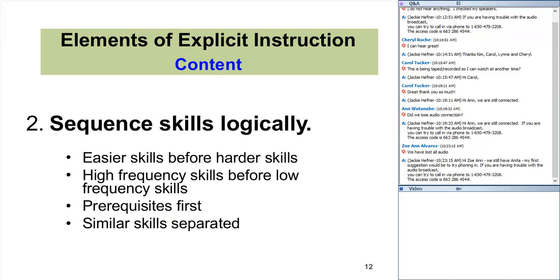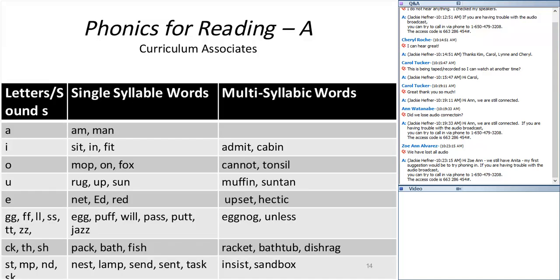Not only do we want to go from easier to more difficult, for example, two-letter words to three to more, and high-frequency sounds before low-frequency sounds, but we want things that are too similar separated. And this makes a difference with students that have struggled because they're less likely to make errors based on the examples that we're using that are too close together. So we continue. They have read consonant, vowel, consonant.